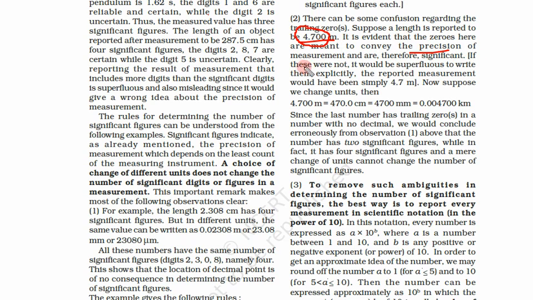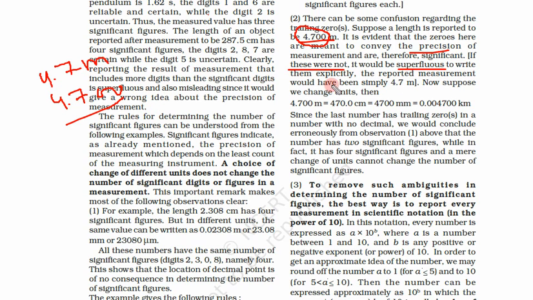If these were not significant, that means we have measured with a normal scale, that means 4.7 meter, and we have just added these zeros, it would be superfluous. It is not a good practice. We should not do this. We should add the second or third digit after the decimal only when we use a very accurate measurement instrument.